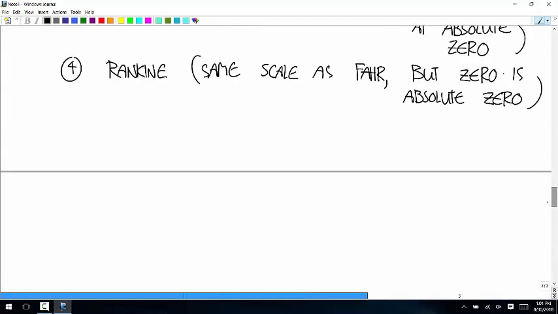And so we're often going to have to convert units, and we have two different ways of converting units. One is if we're converting instantaneous temperatures, and one is if we're converting changes in temperature. So unit conversions for instantaneous temperatures.